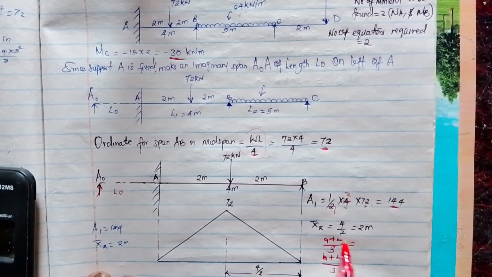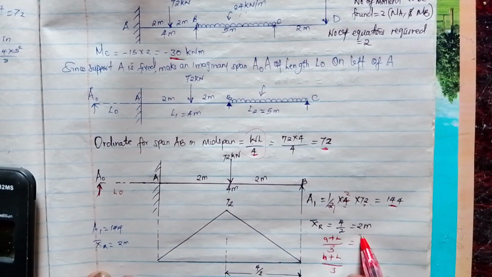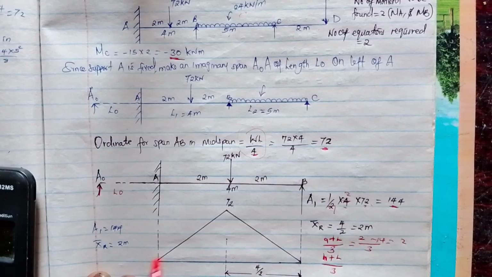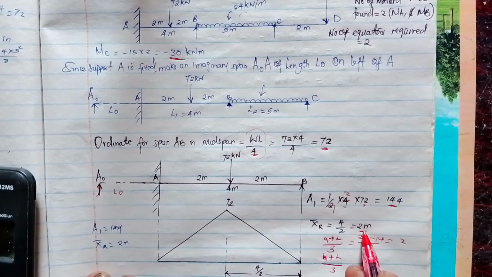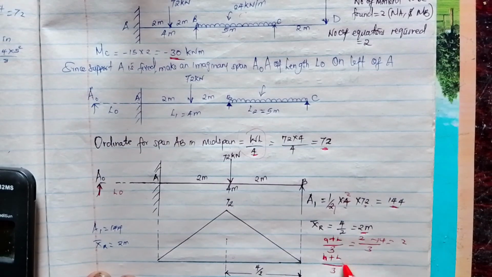Now here we have a to be 2 and L to be 4, over 3. It will be 2. Okay, that's how we got this 2. Again here b is the same, 2 plus 4 over 3, it will be again 2.